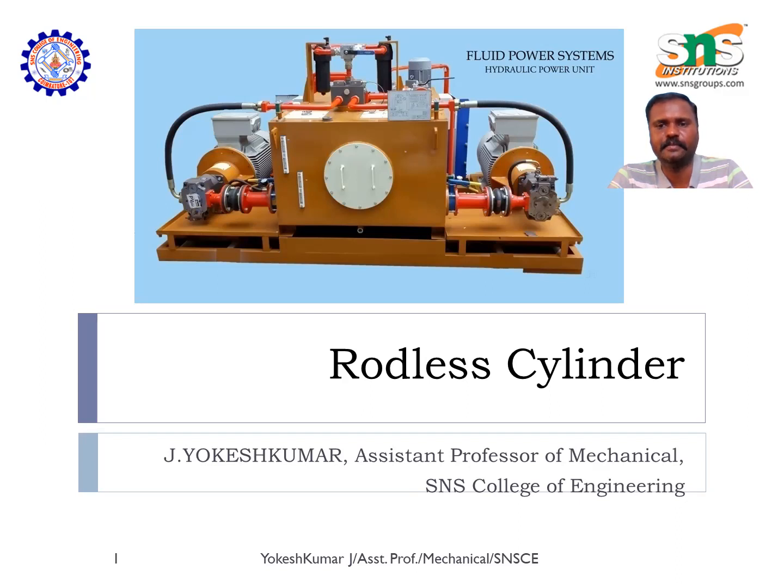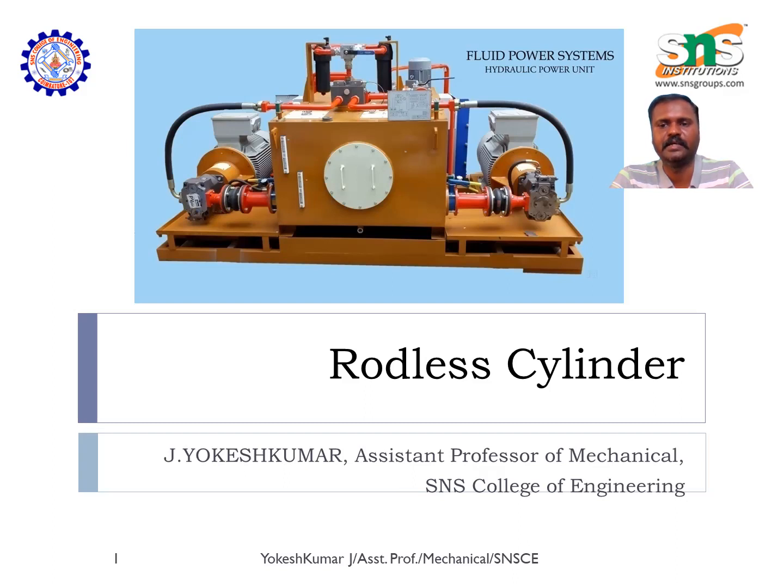For such applications, the rodless cylinder can be used. When a cylinder makes a retraction, we have to provide space for the accommodation of the cylinder. That can be completely eliminated in the rodless cylinder.